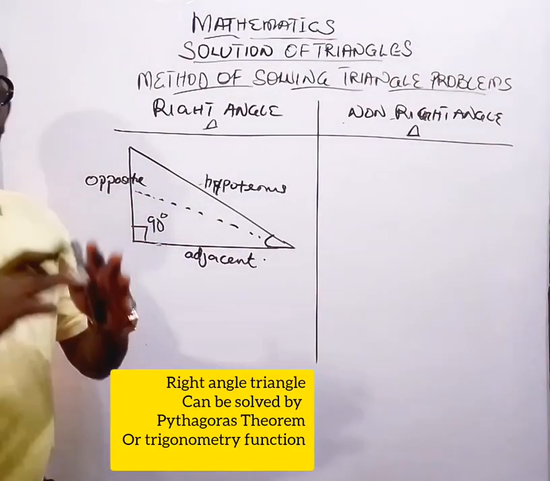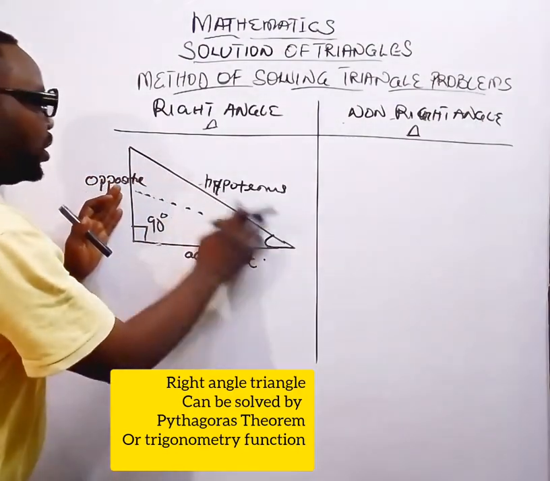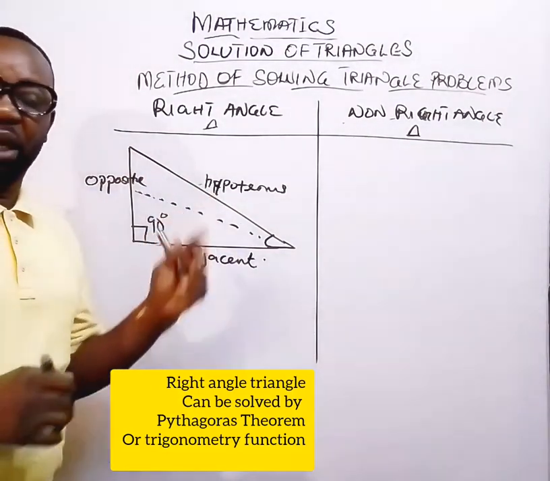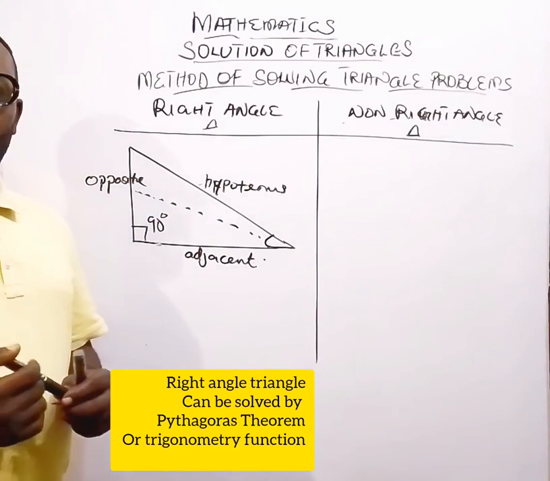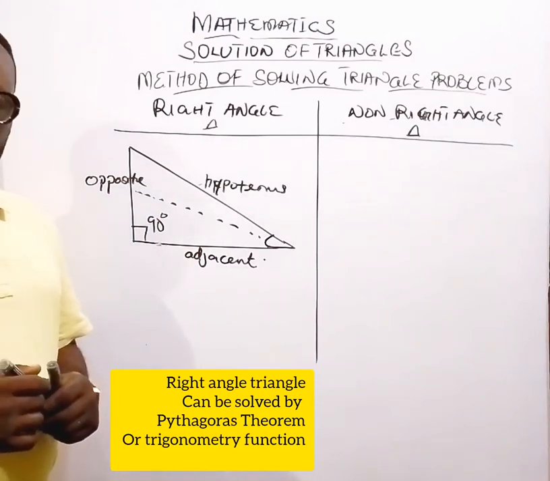Now, to find the value of any of the sides of this right angle triangle, we make use of what we refer to as Pythagoras theorem.